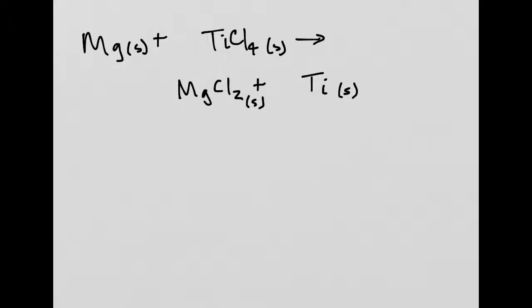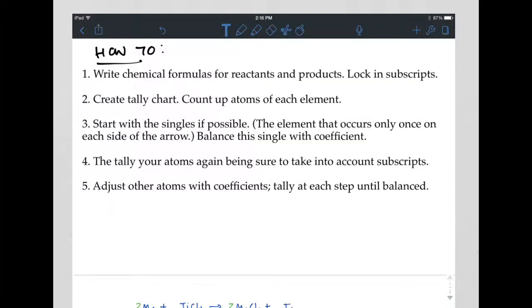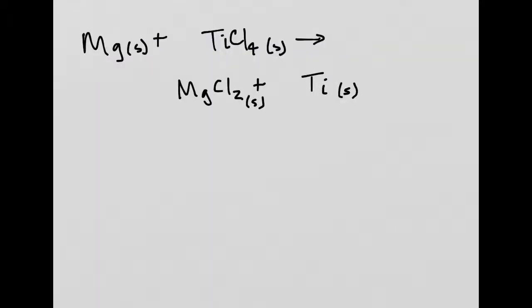The first step you should take is writing the chemical formulas and then locking in the subscripts. So let's take a look at this again. Titanium has a common ion charge of +4, which is why you need to have 4 chloride ions, which are each -1, to balance out and make the entire compound neutral.